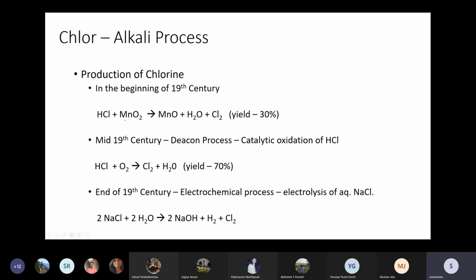We'll continue this chloralkali process next class. That is one important chemical we use in industries, NaOH. This is a very important base chemical. So far we talked about acids, but one of the popular bases is NaOH.